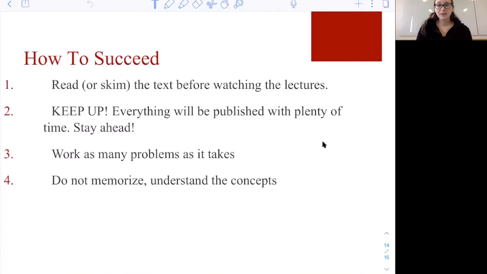So there are things that we will have to memorize, but in general, chemistry is so much easier when you understand why the thing you're memorizing happens. So think about understanding the concepts and being able to apply it in new situations, not memorizing exactly what each thing is.